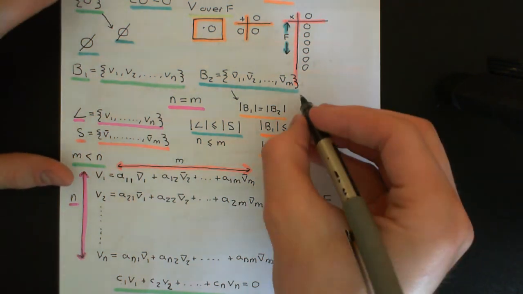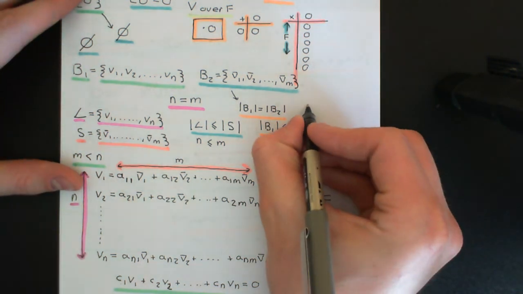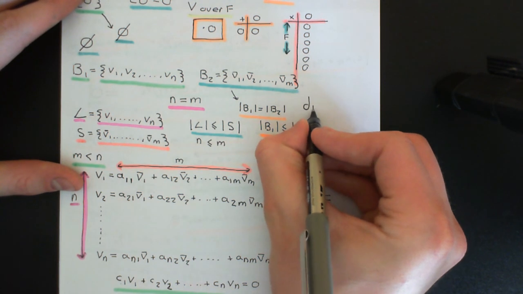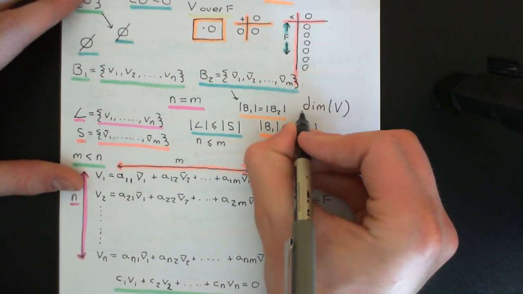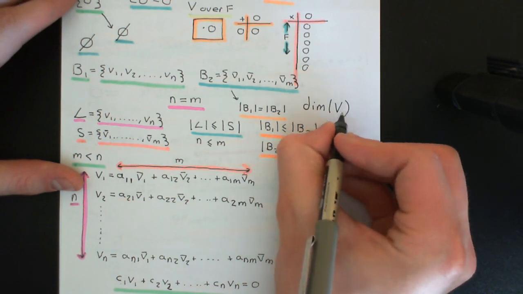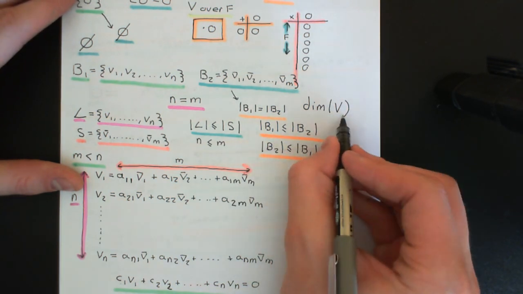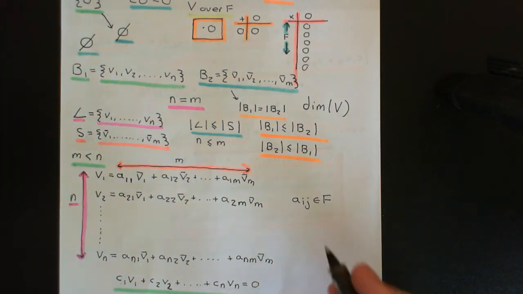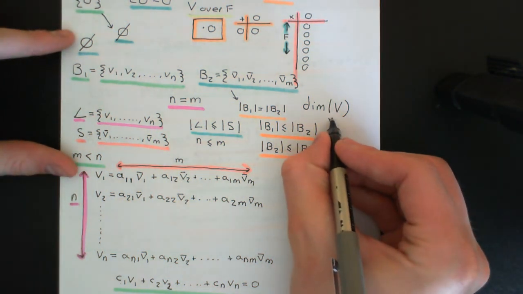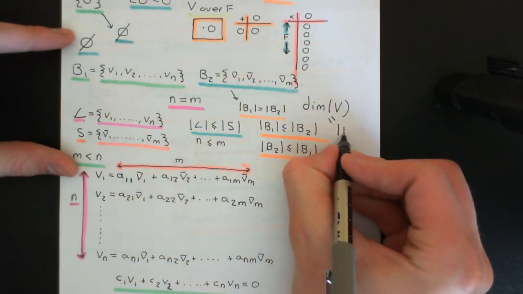The final definition that I want to give you is what we will call the dimension of a vector space, denoted dim V. The dimension of a vector space is a very important constant concerning vector spaces. It's a parameter associated with any vector space that is finite dimensional, and this is just going to be the order of any basis.